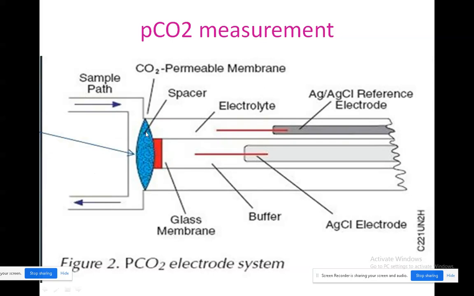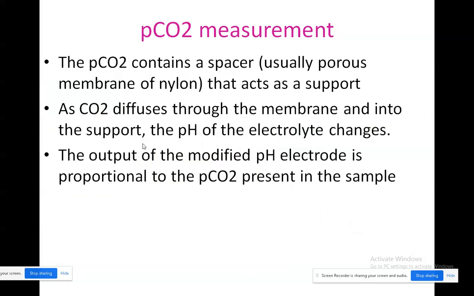Through these two layers the CO2 will pass, so that the pH value of the electrolyte changes after diffusion of CO2.